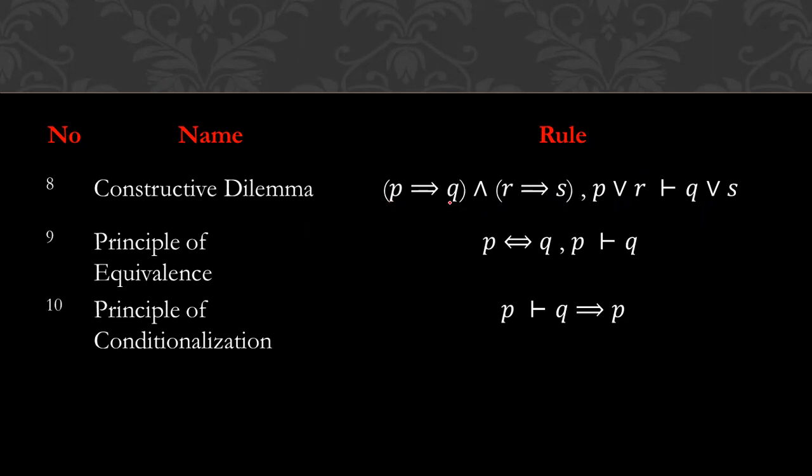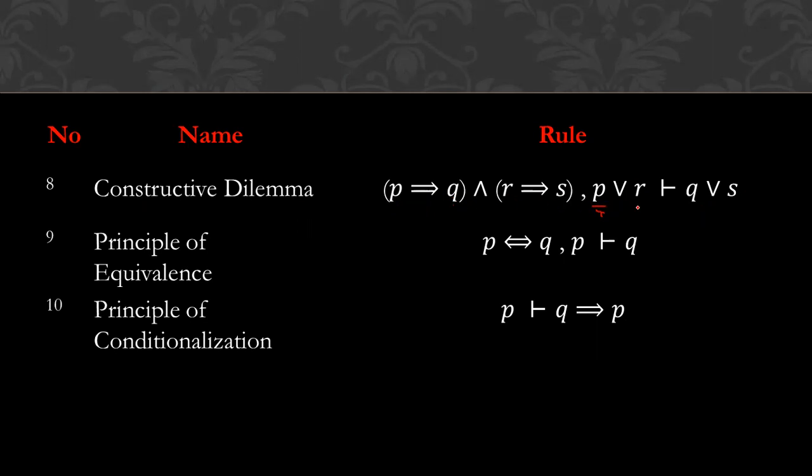Know that for P implies Q and R implies S to be true, both must be true at the same time. Therefore, let us consider P or R to be true. For this to be true, at least one of the component statements must be true. Let's assume that P is true. If P is true and P implies Q is true, Q must be true.